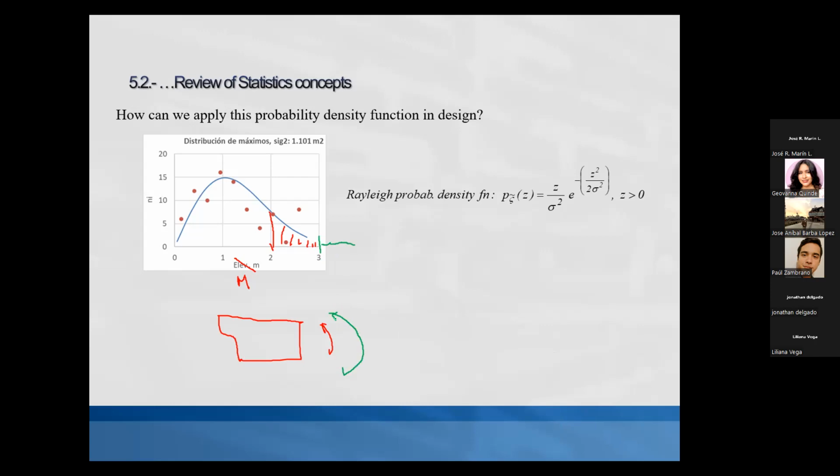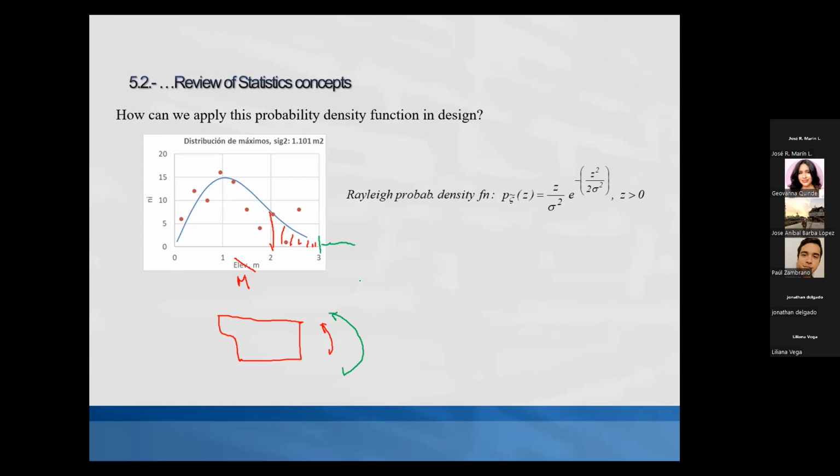That means that if I design my ship with a bending moment of 3, I have to install larger plates and larger stiffeners, because the bending moment is larger. But on my side, I see that the probability of exceeding this value is going to be very small.